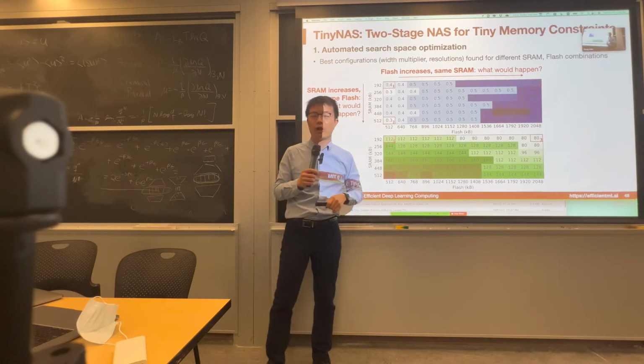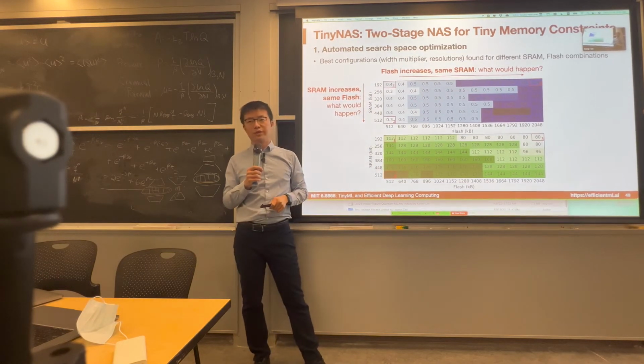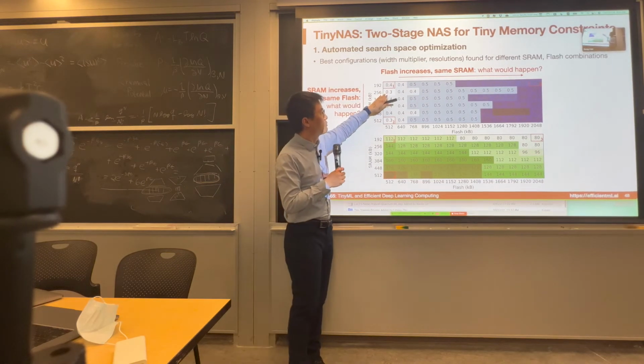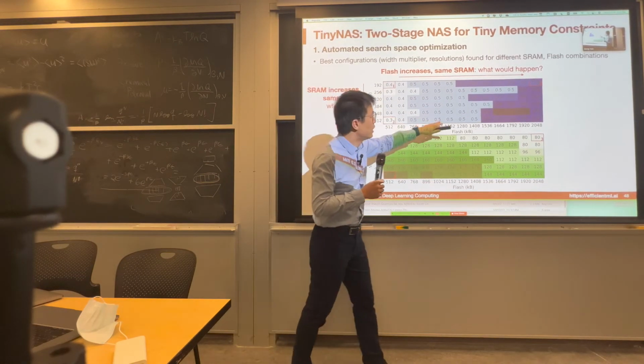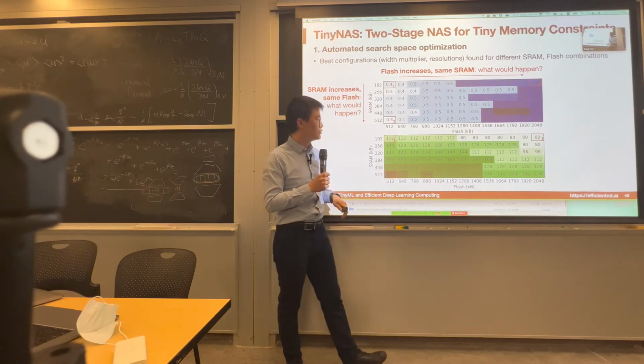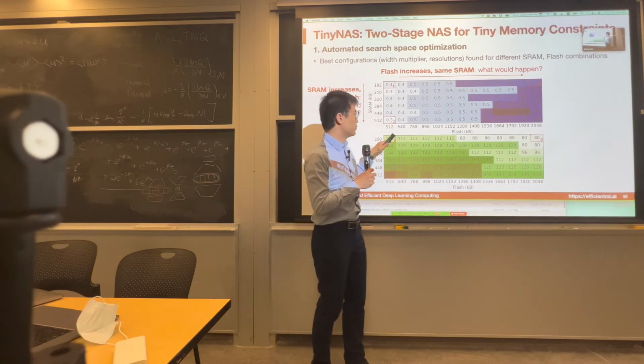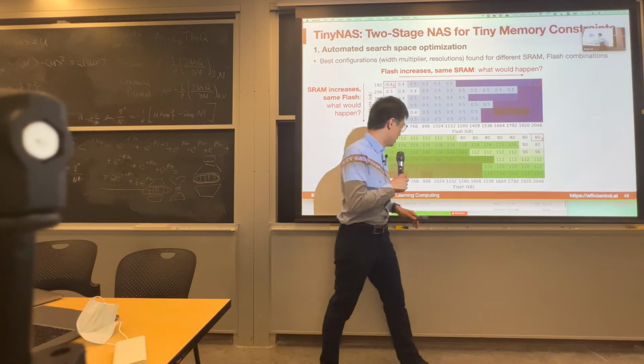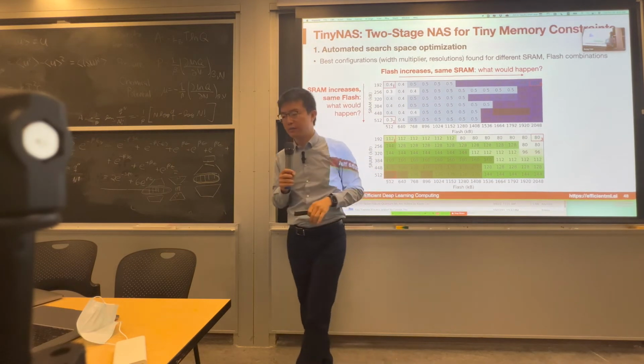On the bottom we plotted that for the resolution. The width multiplier ranges from 0.3 all the way to 0.9, and the resolution ranges from 80 by 80 all the way to 208 by 208.